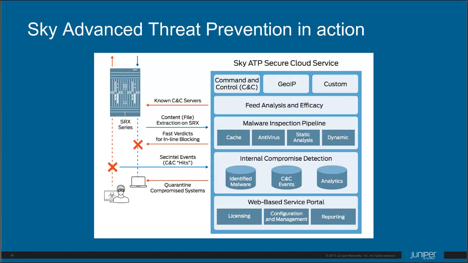We also have GeoIP, which means that we can prevent IPs coming from a certain country from establishing communication in our network. And that can be useful. For instance, imagine that you have business only in the UK. So your customers are only based in the UK, and there is no reason for a customer or a user from any other country to contact or exchange information with your server.